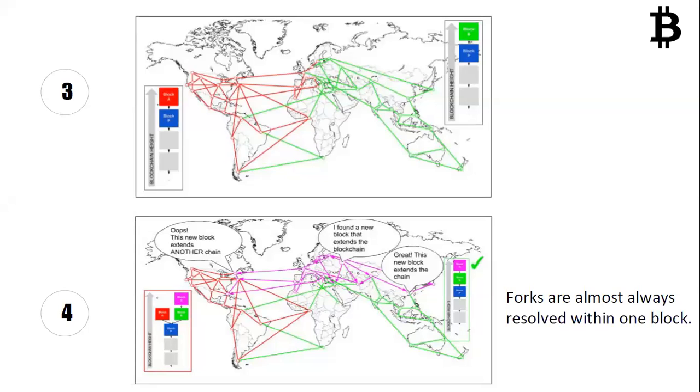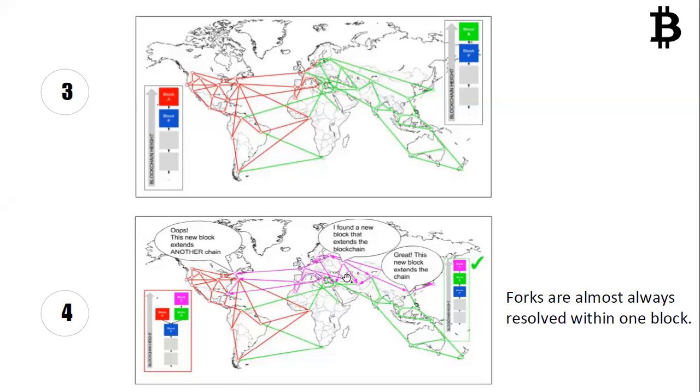And it doesn't know that there is another block, the green block, which was solved by another part of the network. Because this is a decentralized network, there is no central server to communicate that you have a green block and a red block. Everything is happening organically.